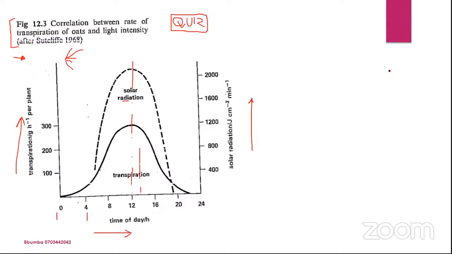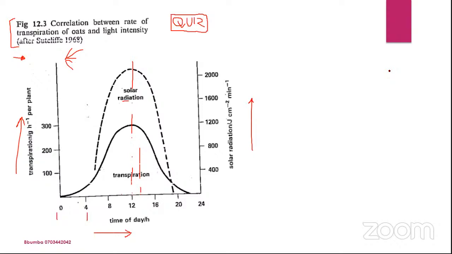Yes, teacher, I'm going to explain according to light intensity. So from 0 hours to 4 hours, transpiration rate was low, increased gradually, because there was less light intensity.